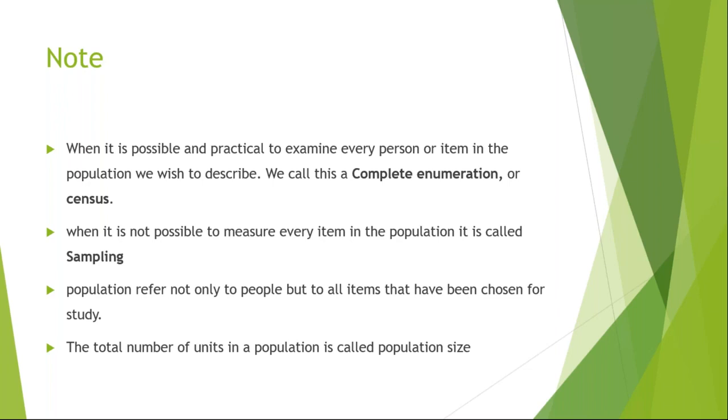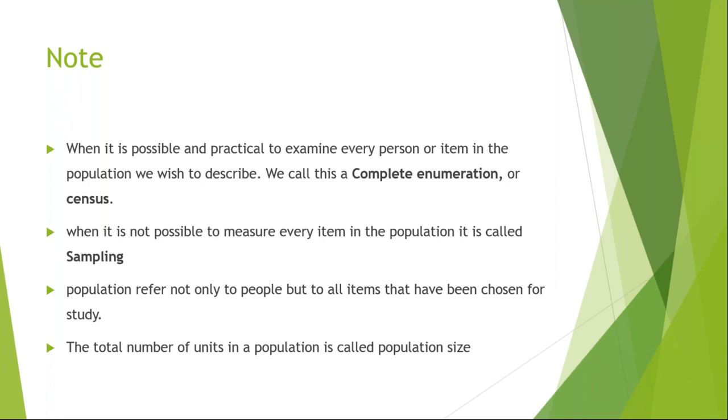Okay. So population refers not only to people, but to all items that have been chosen for study. So we don't just refer to population as the number of people. It can also be represented as the number of items found within an area. Anything that comes under investigation as far as statistics is concerned is referred to as population.